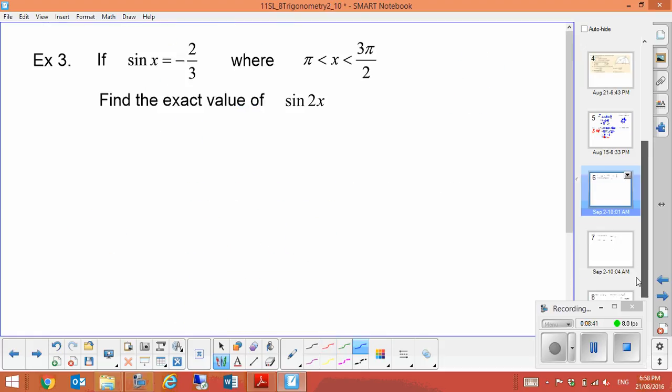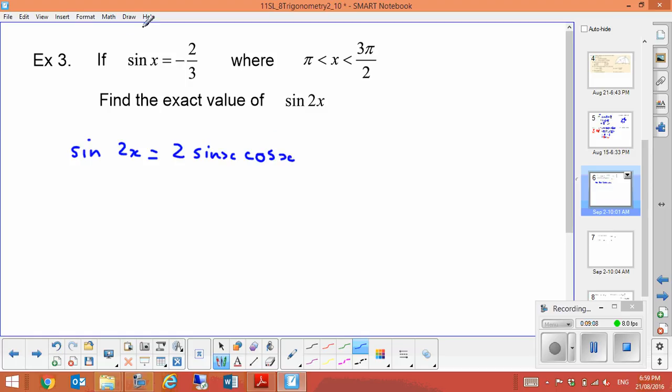So let's look at ones that are not so straightforward now. Here we've got sine x is minus 2/3 and x is between pi and 3 pi on 2, and we want the exact value of sine of 2x. So our relationship says sine of 2x equals 2 sine x cos x.